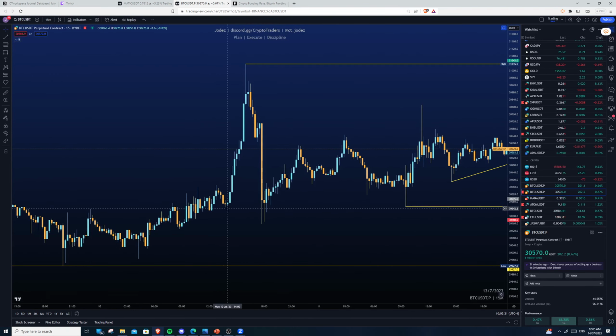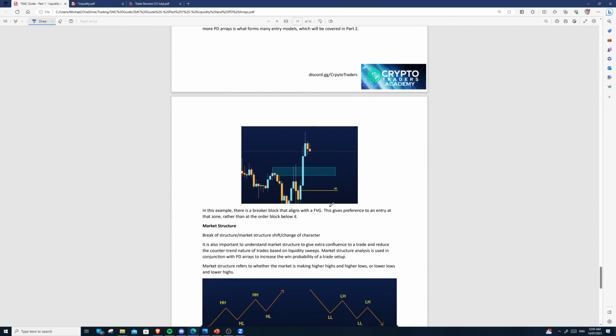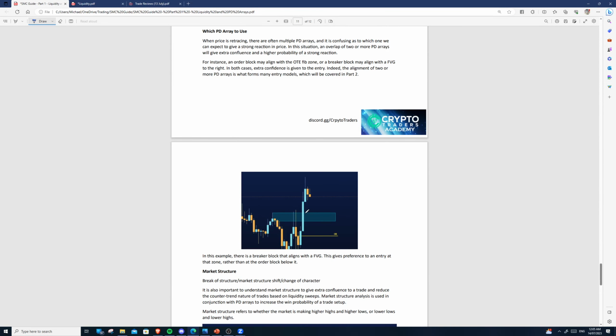Right, so if it aligns with something else, like a breaker block or the OTE fib zones, then that gives that level a stronger probability. So you can see here, there's a fair value gap here, breaker block, right?